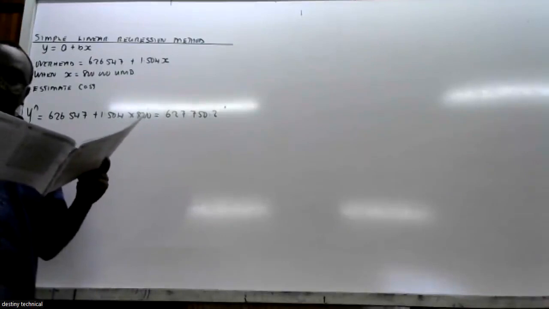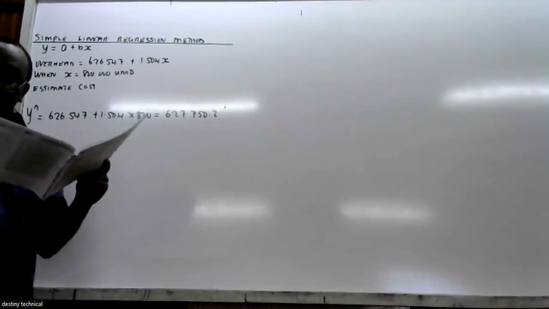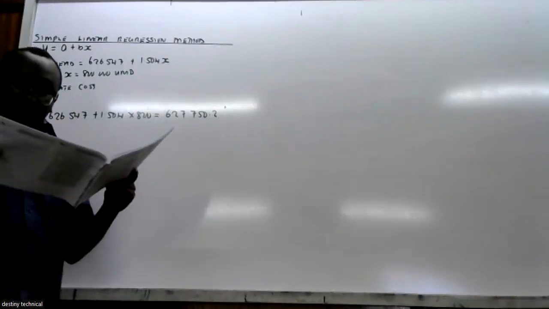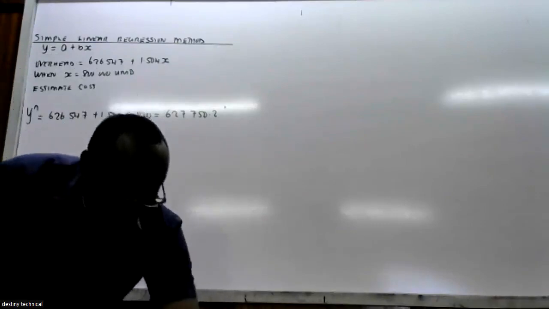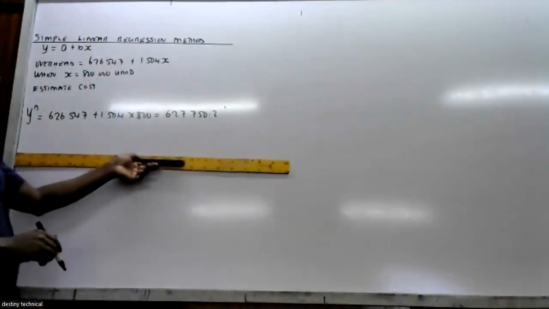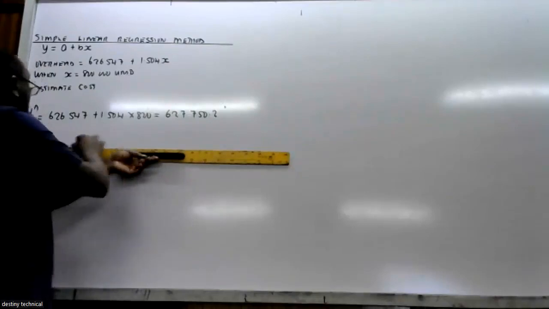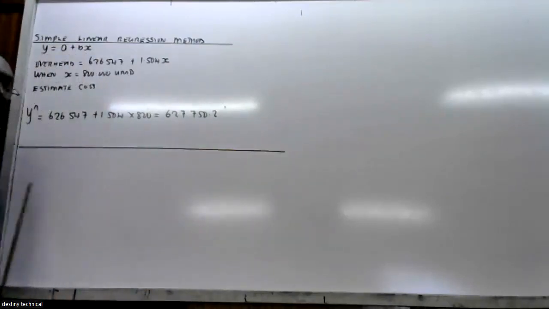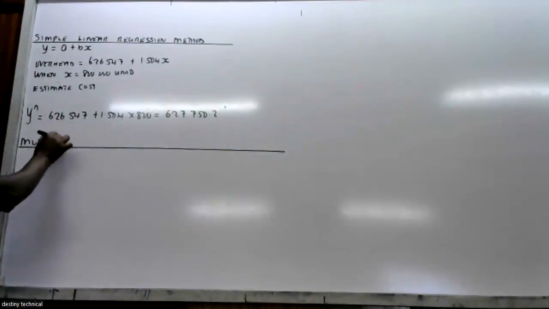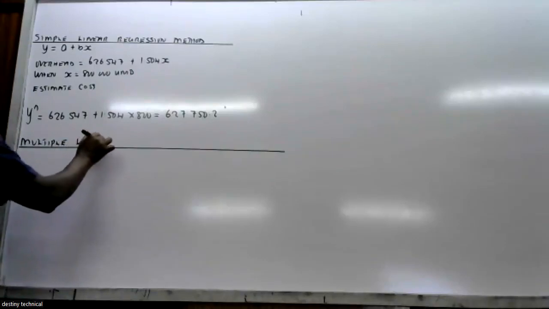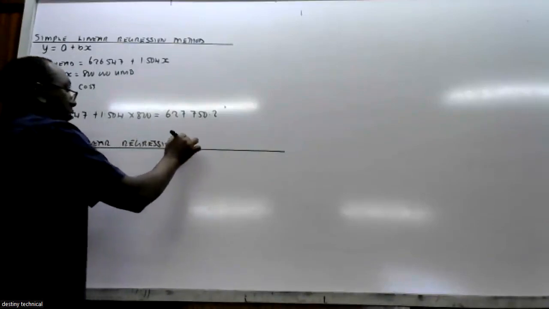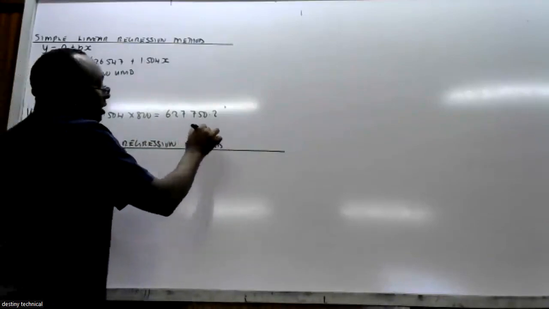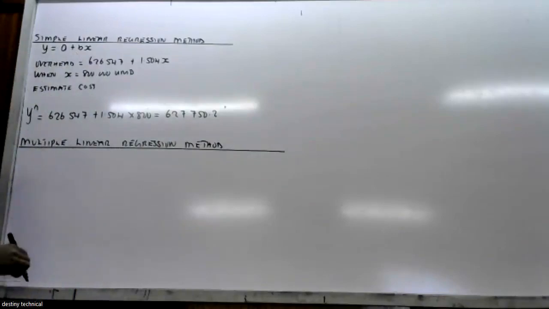Use the multiple regression results to prepare an estimated cost for the 800,000 units in the incoming period. So multiple linear regression method, as I mentioned earlier, is where we have more than one independent variable.